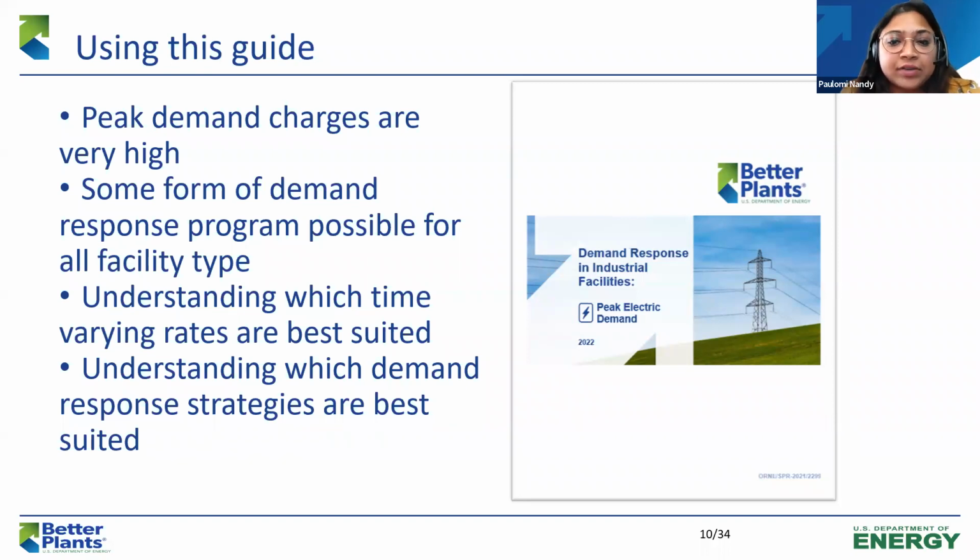So in this guide, we explored the different time varying rates that are available from your utility provider, and how you can use different strategies to deploy demand management responses in your facility. And then I also have a couple of case studies that we asked our partners to share with us as part of this guide.